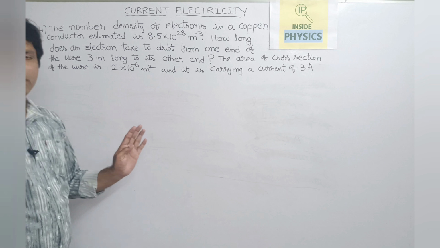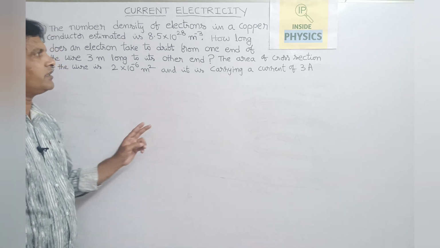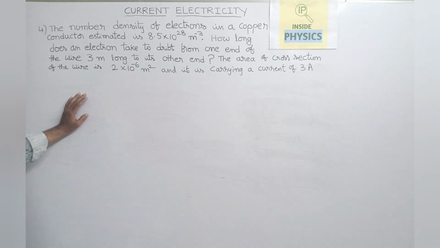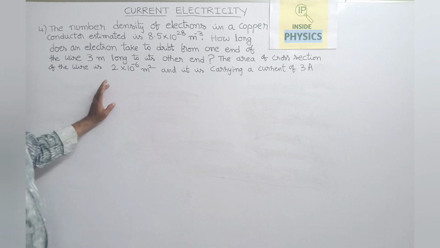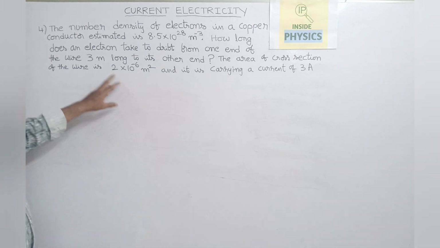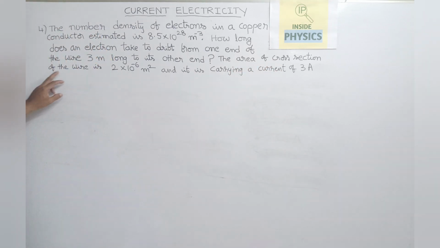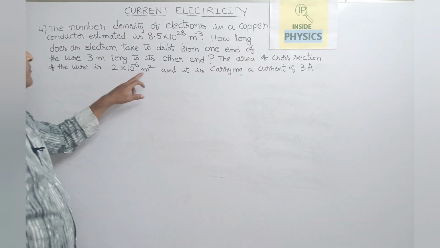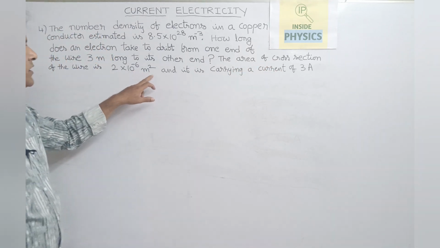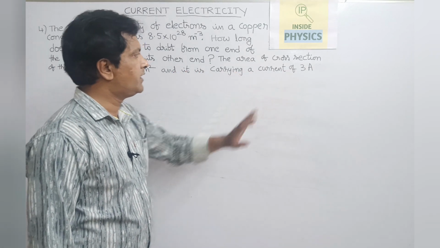Generally, electrons will move in a conductor because of potential difference between the two ends, and the electron moves from higher potential to lower potential. So, what is the data given? The area of cross section of the wire is 2 into 10 to the power of minus 6 meters square, and it is carrying a current of 3 amperes.